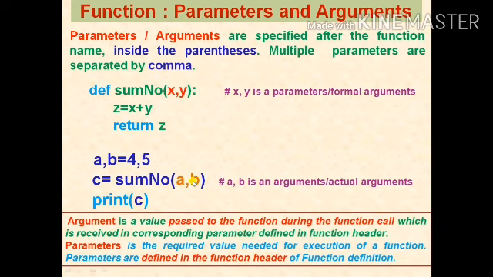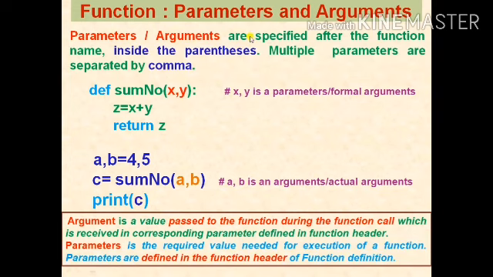Here a and b are known as arguments, because a and b are the values on which the particular function will work. x and y are known as parameters, which define that the particular function needs these two values for its working.